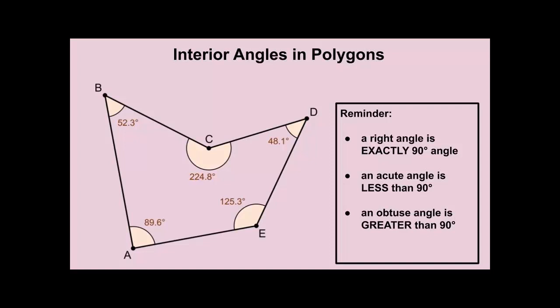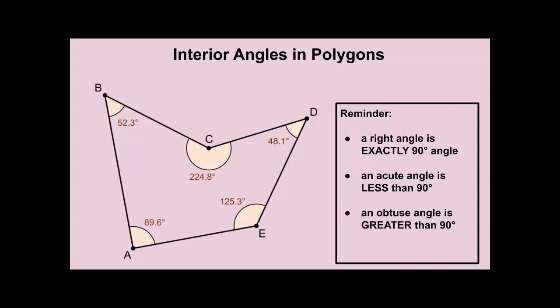Letter B, in the very top left, you can see that angle is 52.3 degrees. So what kind of angle would that be? Yes, it would be an acute angle. Continuing to the right, we see this concave portion of the pentagon. And point C, the angle in that section is greater than 90 degrees. So it is an obtuse angle.